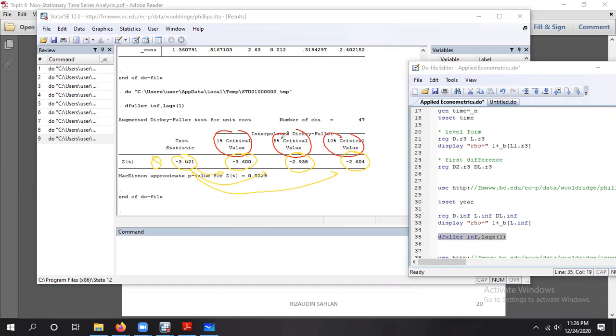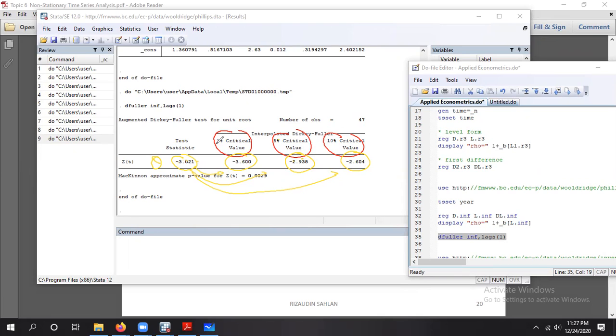If we choose 5%, the tau critical value is -2, but the tau statistic is -3, which means the test statistic is much smaller compared to the tau critical. So we can reject H0. H0 is rejected.